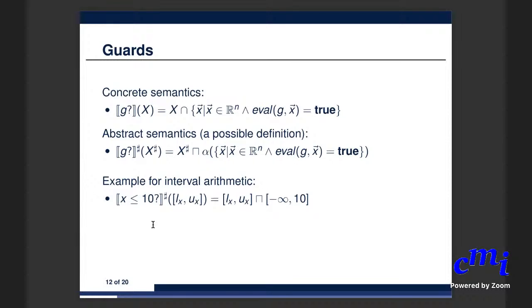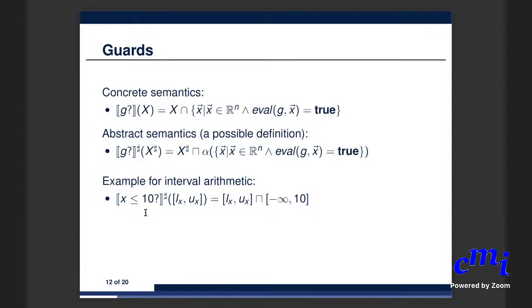Suppose you have X less than or equal to 10 or something else. How will you represent that in the most precise fashion? You will not be able to, so you will have to use over approximation there.